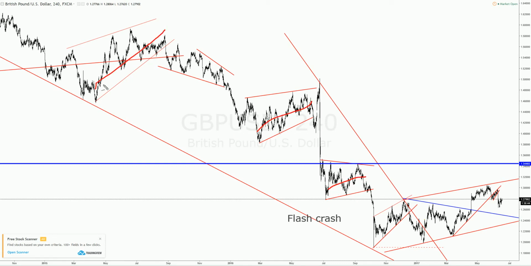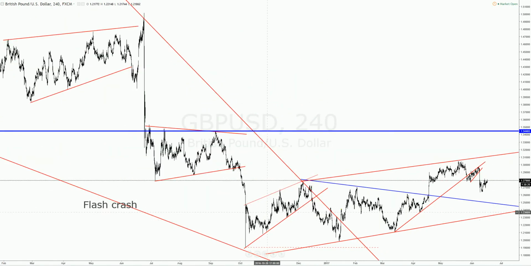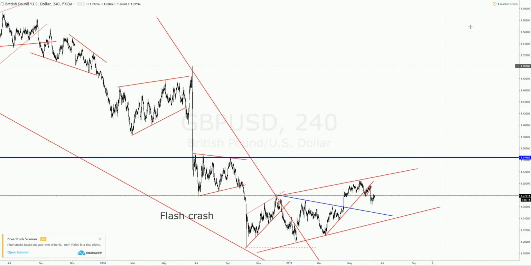This is kind of sideways, but there were counter moves, and then you saw the drop. Counter move, drop. Counter move, drop. To get two of these at the same time, they're rare. So even here, you had the counter move and then drop. So now we have again a counter move.